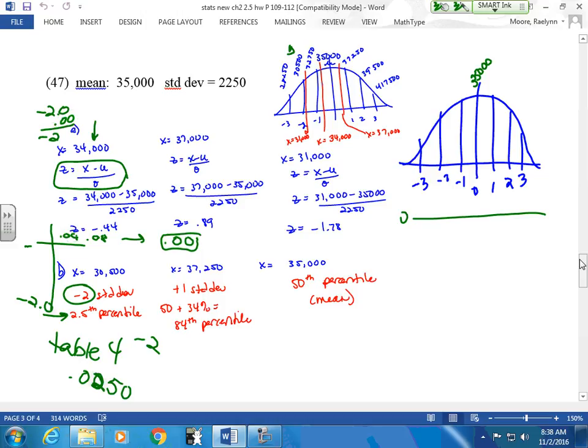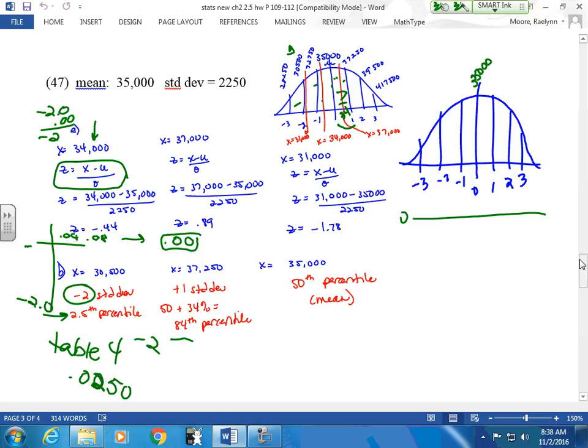Okay. One standard deviation above my mean tells me you covered all this amount, 50%, and all this section, which my plus or minus 1 is 68%. So my just plus 1 is half of that, 34. So I'm at the 84th percentile.